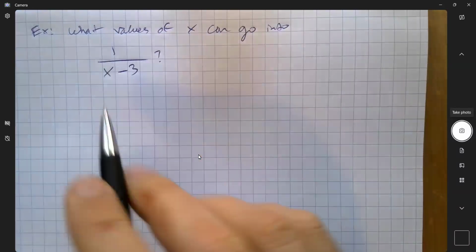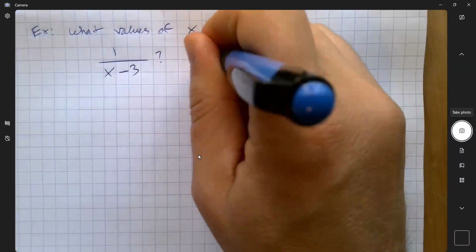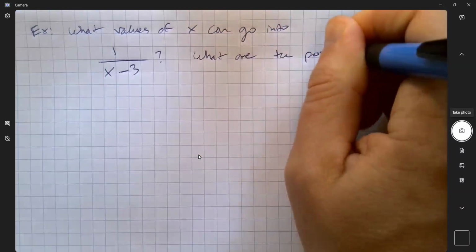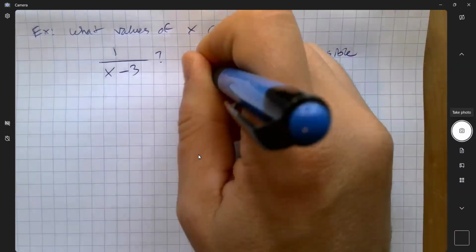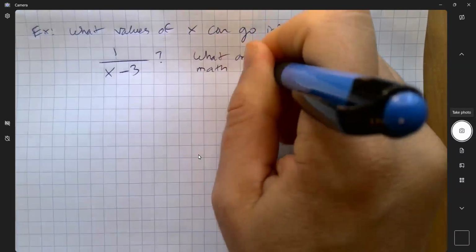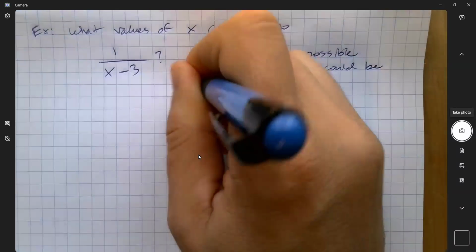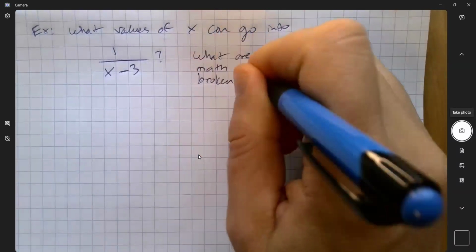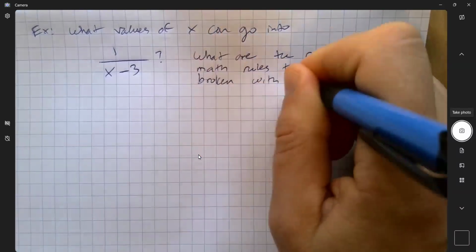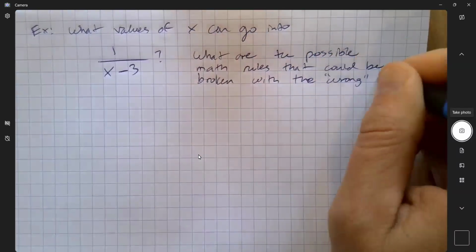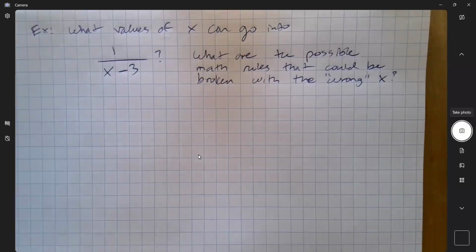Whenever you see a question like this, you should be thinking, what are the possible mathematical rules that could be broken if I pick the wrong x?